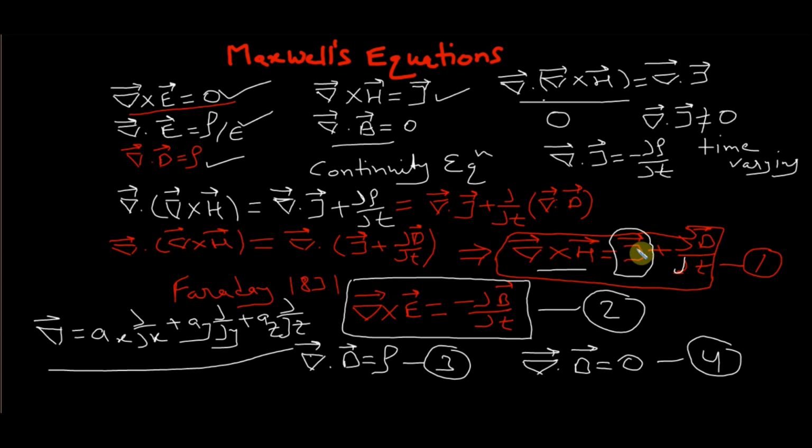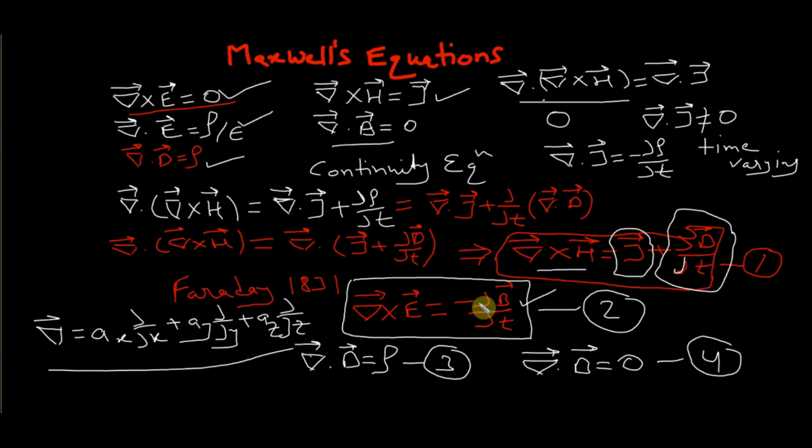The simple current is there, so we have this current density, but some displacement current is also there, some movement is there. So this displacement current was introduced by Maxwell.